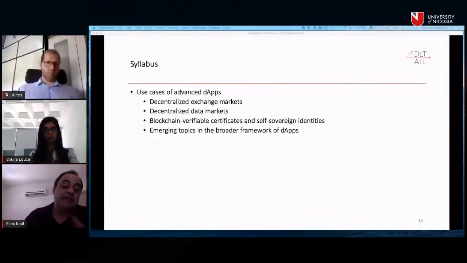Of course, many other things have also been proposed and implemented, but I think this is the first one and the most basic. In this context, we are going to present decentralized exchange markets.